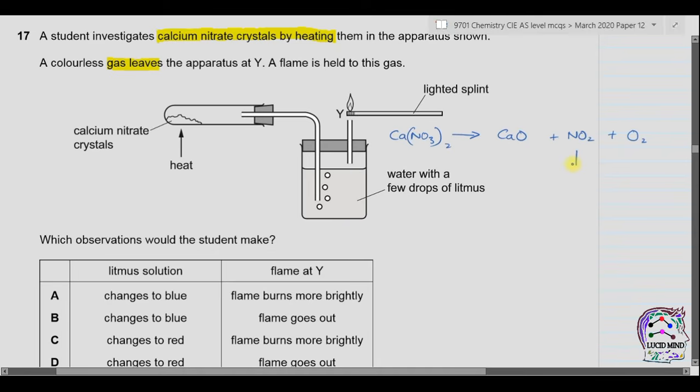Now about NO2, we know that this is a toxic gas and it is also brown in color. While oxygen helps the flame.